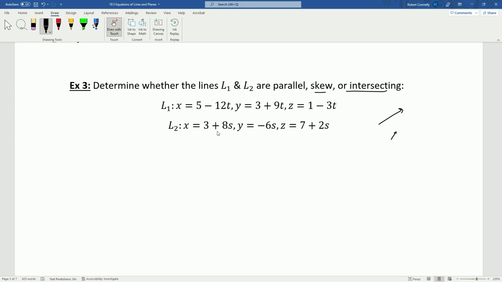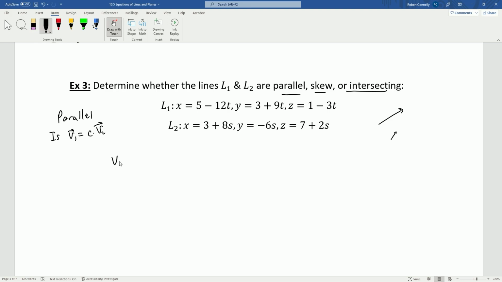But we're going to start with this parallel case, and if we want to check if it's parallel, all we need to see is the vector for our first line equal to some scalar multiple of the vector for the second. So in other words, they have the same direction, but maybe the vectors aren't the same length.